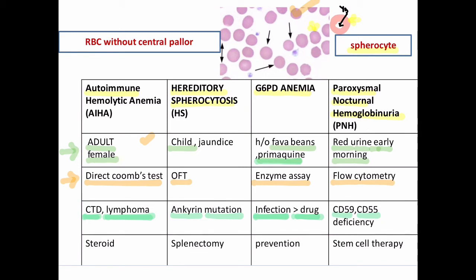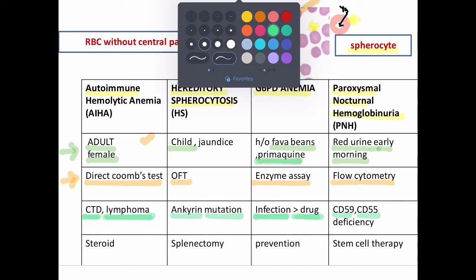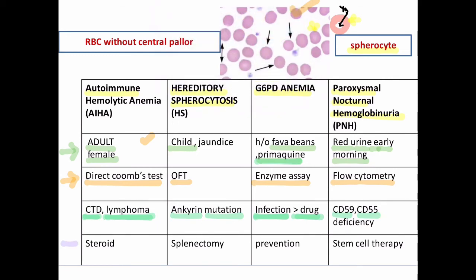What is the treatment of choice? A very important question. Friends, you know autoimmune hemolytic anemia is an autoimmune disease, and for most autoimmune diseases we give steroids to the patient. For HS, spherocytes go and get destroyed in the spleen, so we remove the spleen in case of HS.